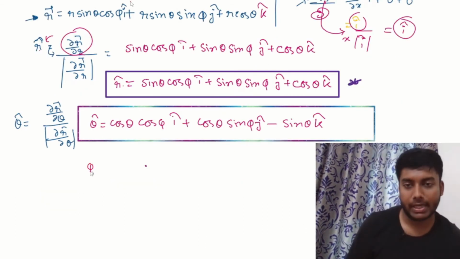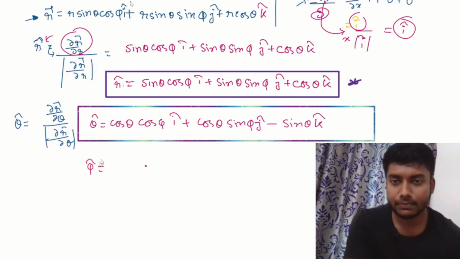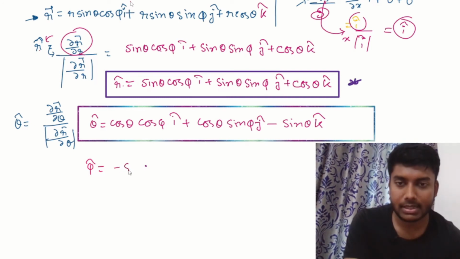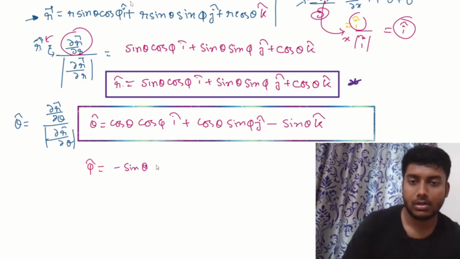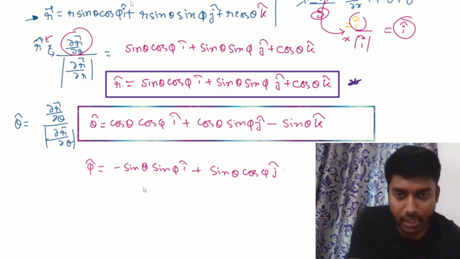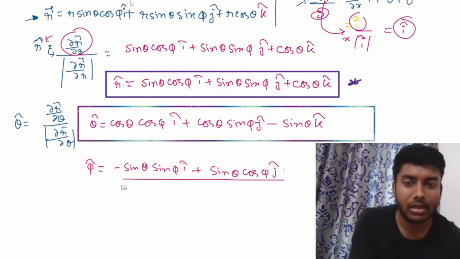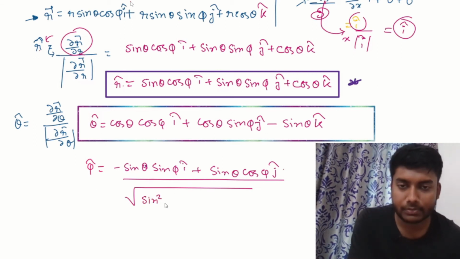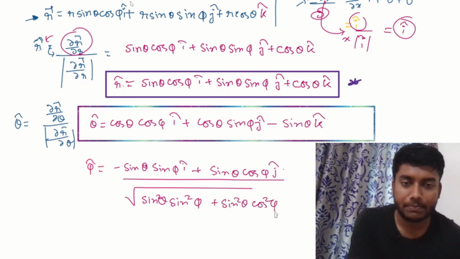Now coming to the phi cap. What will be the phi cap? So phi cap will be equal to minus sin theta sin phi I cap plus sin theta cos phi j cap, divided by the magnitude of this, that means divided by root over sin square theta sin square phi plus sin square theta cos square phi.